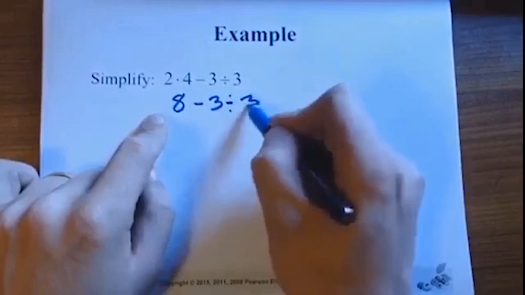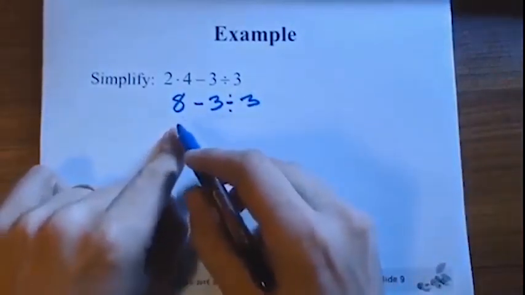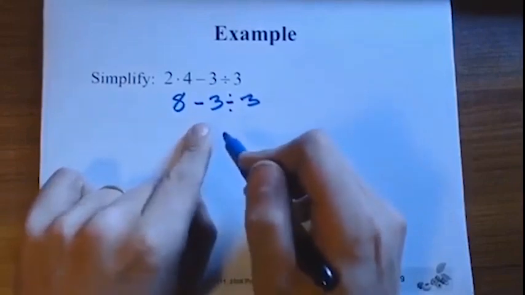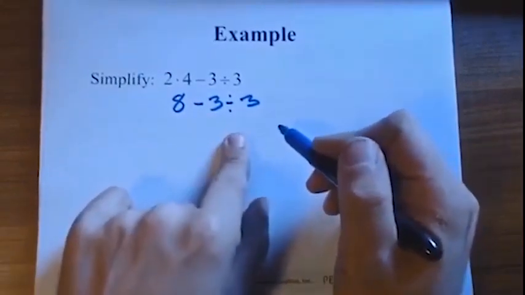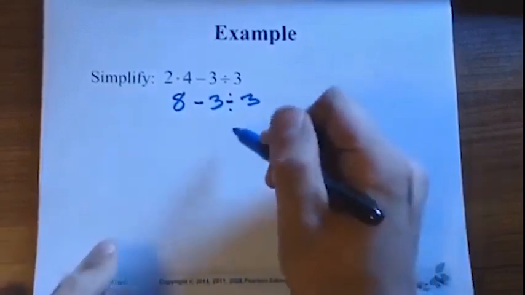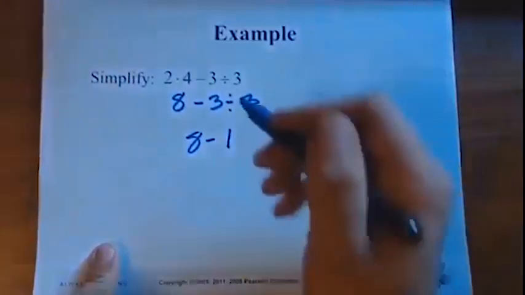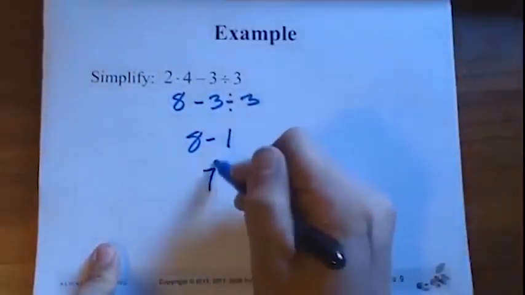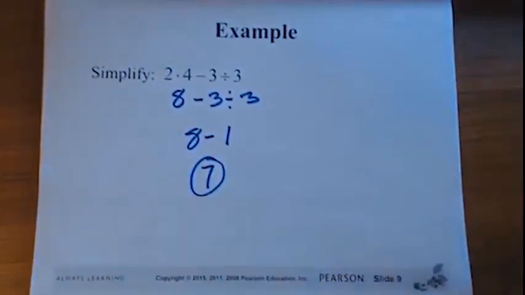Write the rest down. 1 step at a time. So then we go 8 minus 3. We don't do that. We're looking for multiplication or division. 3 divided by 3. Yes, 3 divided by 3 is 1. So this is 8 minus 1. And then finally, 8 minus 1 is 7. 7 is the correct answer, not 5/3, whatever that is.